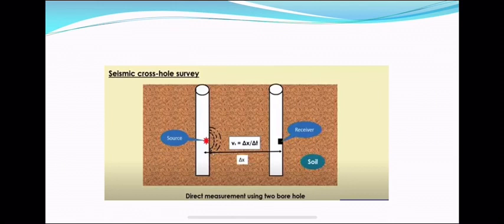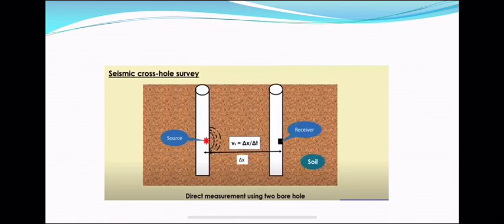But the crosshole survey needs boreholes, which is time consuming. If the soil layer is not satisfying the condition of the seismic refraction test, then you have to go for the seismic crosshole survey. Among the 3 tests, if your soil is satisfying the condition, the seismic refraction survey is most acceptable and we use that.